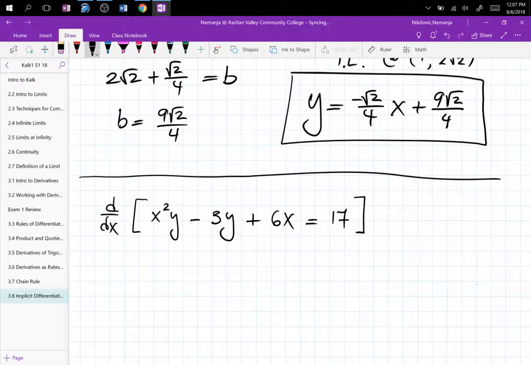Because the derivative of y is 1, right? So you just have dy dx there. Very good.